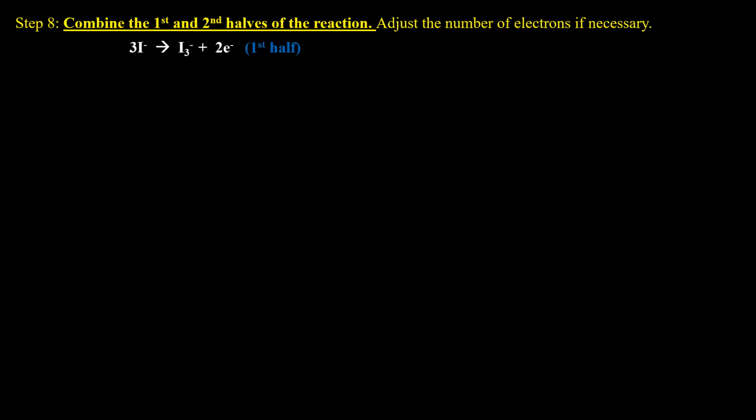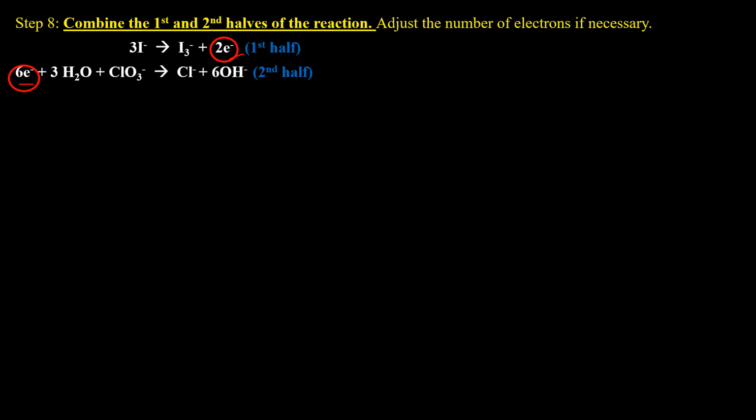So on step 8, we are now going to combine these two. In combining the two, you need to look at the number of electrons added in each reaction. On the first half, we added 2 electrons on the product side, and on the second half, we added 6 electrons on the reactant side of the equation.